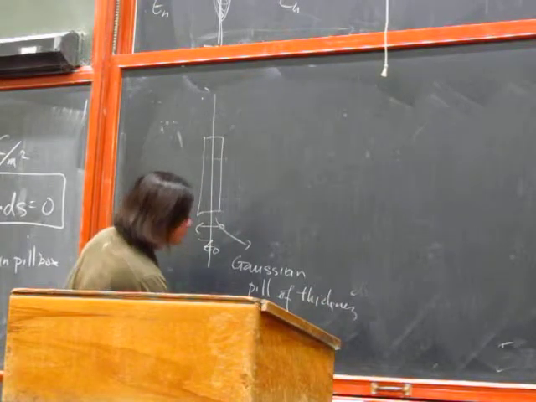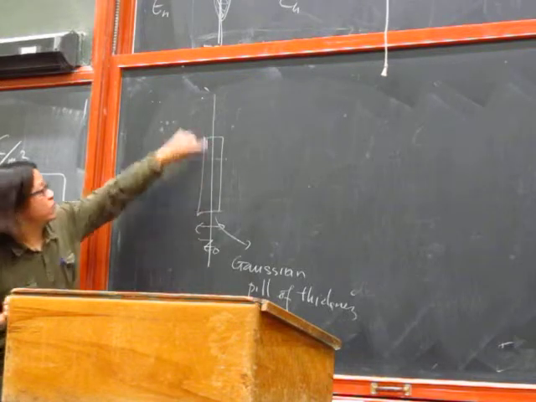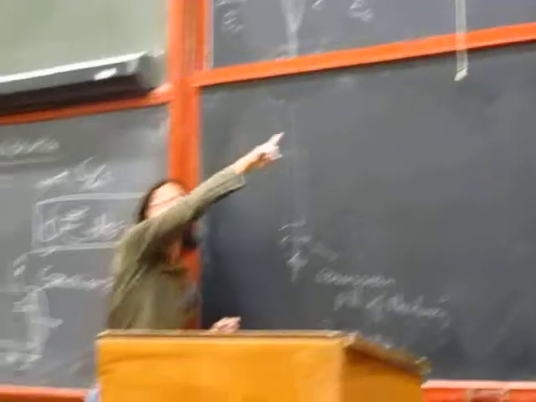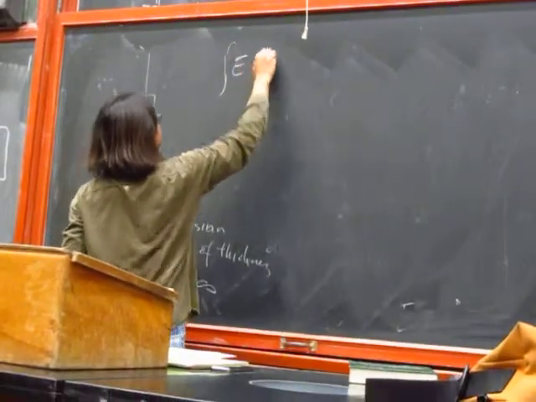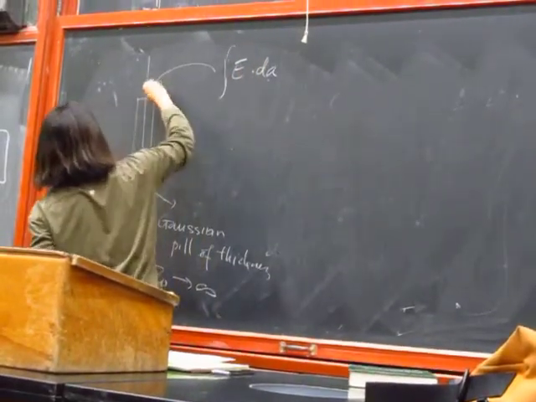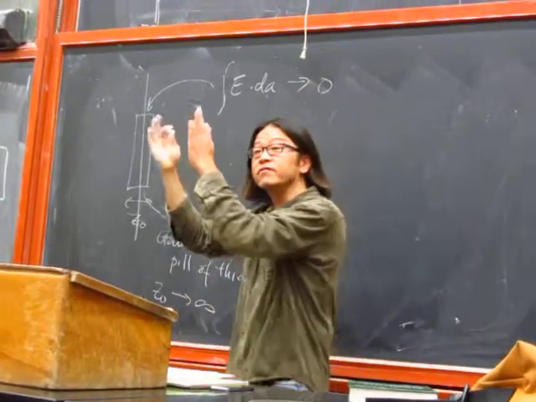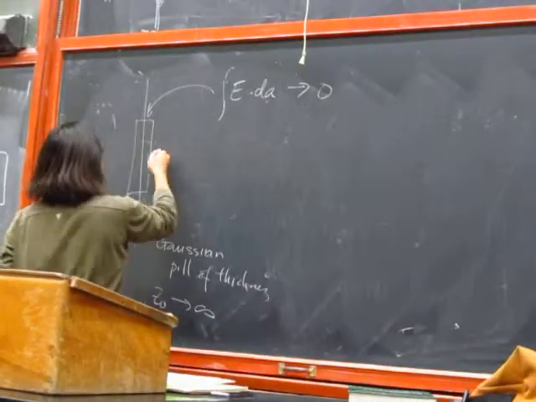I can make it as thin as possible. Then the contribution of the flux along the wall is 0, and the contribution of the flux along the wall also equals 0, if I do the Gaussian integration, right?